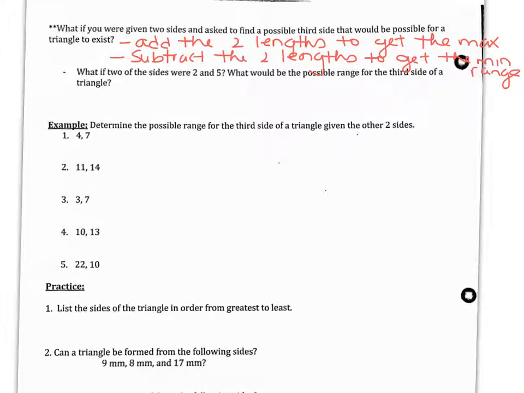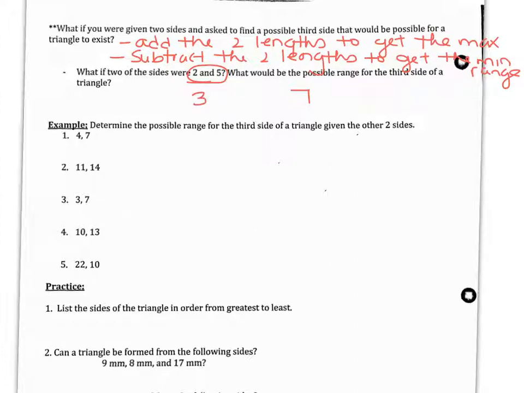So when I have 2 numbers, to get that range, I don't know whether or not it's going to be the largest value of the triangle or the smallest side of the triangle. So I add the 2 lengths to get the maximum range, and I subtract the 2 lengths to get the minimum range. So if I look at the numbers 2 and 5, I'm going to add 2 and 5 to get 7, that's the max, and I'm going to subtract 2 and 5 to get 3.